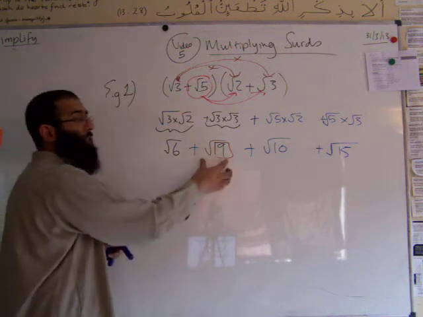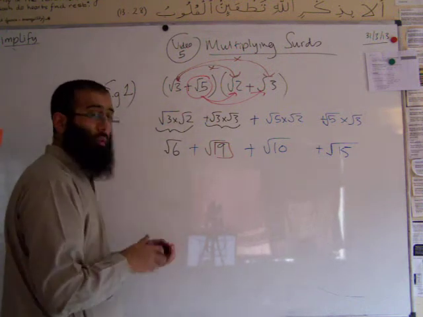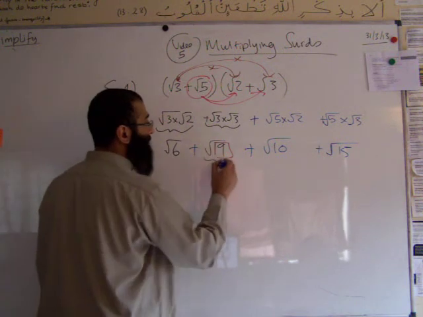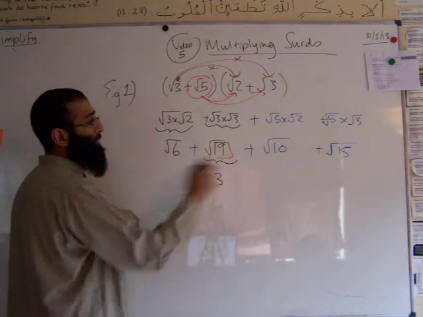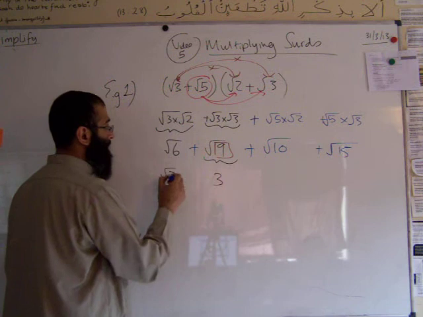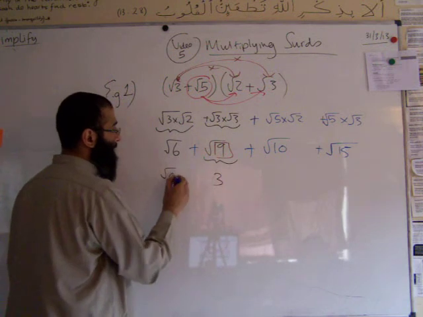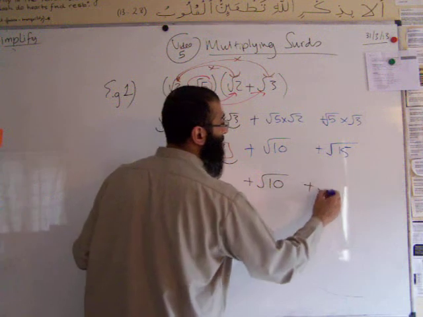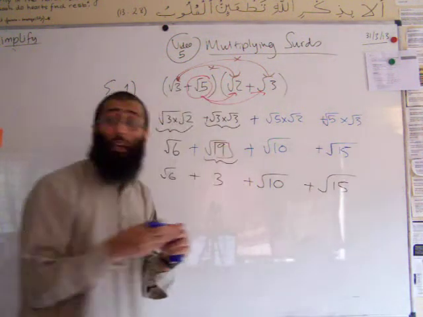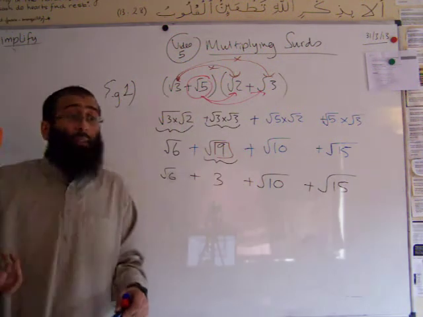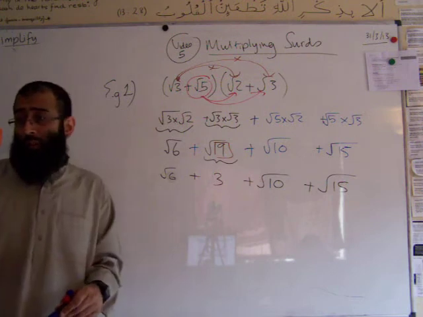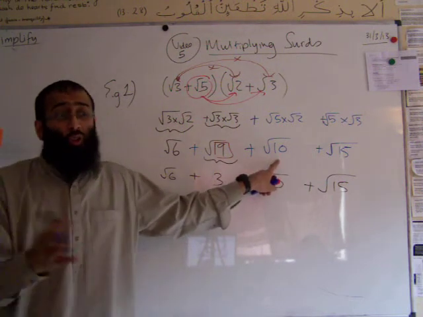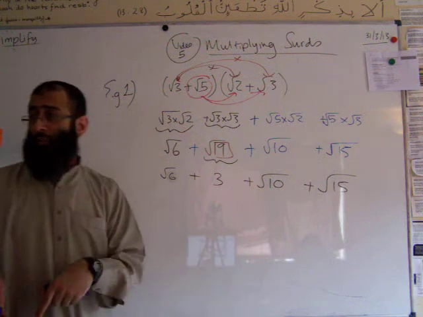Now, what can we do with the plus root 9, Sundars? We can simplify that down into 3. Can we simplify anything else? Quick look, Samia, can we simplify anything else? Are there any square numbers that we can pull out? Remember, simplifying means extracting square numbers out. I know that root 10 can be split up into 2 and 5, but that's useless, though. 2 is not a square number, 5 is not a square number.